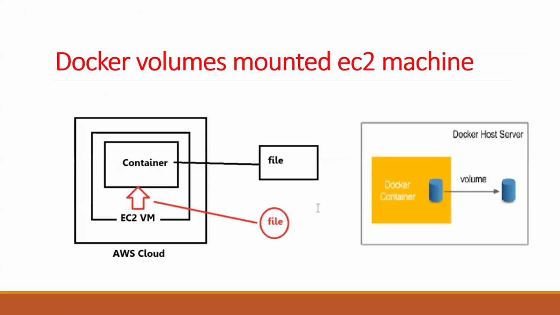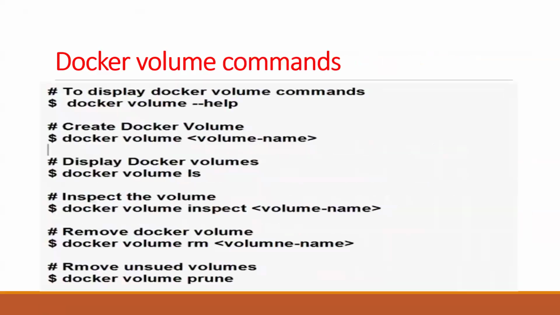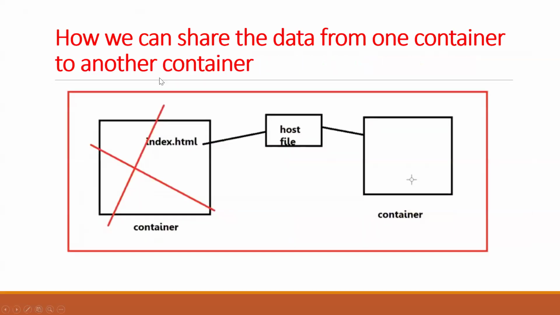So the Docker volumes are mounted to the EC2 machine also, so we have to maintain the EC2 machine also. You see how we can share the data from one container to another container? We can use the Docker volumes, which will share the data.